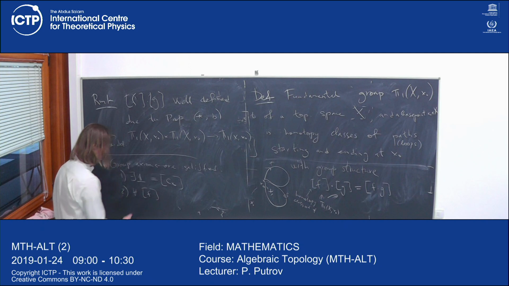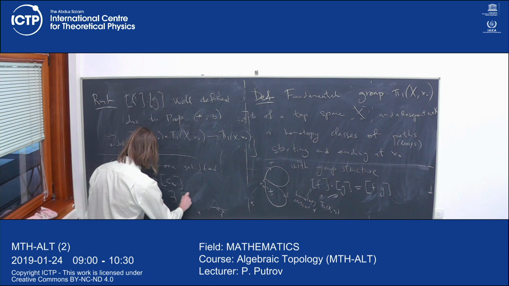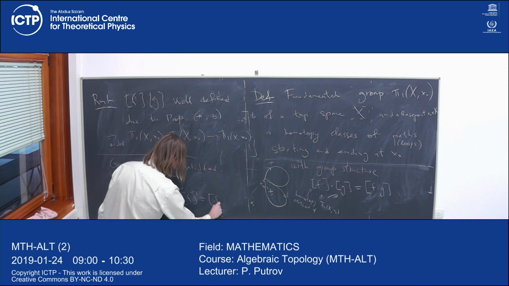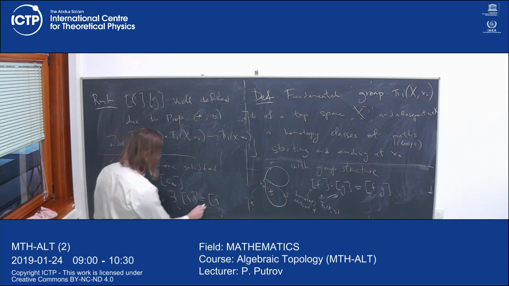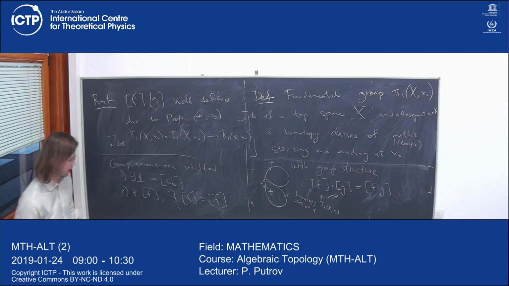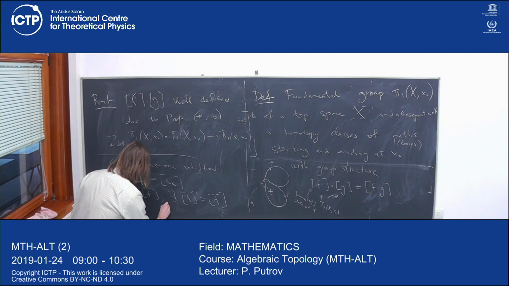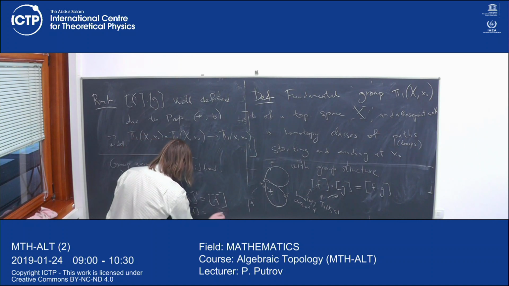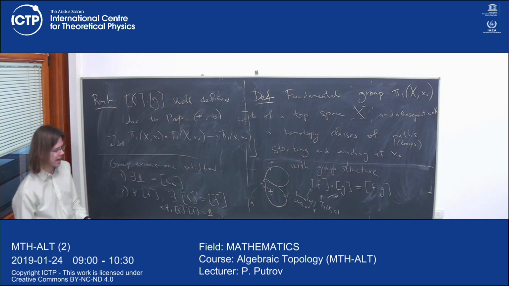The other condition is the existence of inverse. For any f, there exists an inverse, and this can be realized as f bar. We need the inverse such that the product of f and f inverse, or the other way around, is the same as identity.